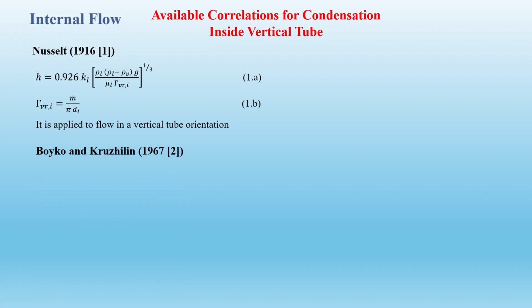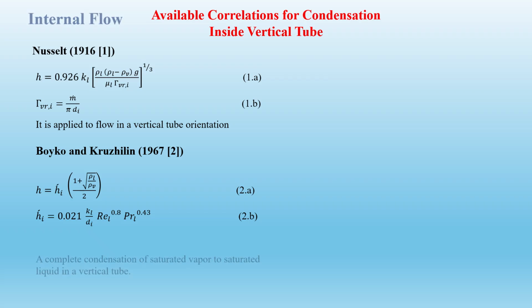We have also Boyko and Kruzhilin, 1967. They suggested a correlation in the form of equation 2a, and we have h_i, the mean value, as shown in equation 2b, where a coefficient of 0.021 is used with Reynolds to the power 0.8 and Prandtl to the power 0.43.